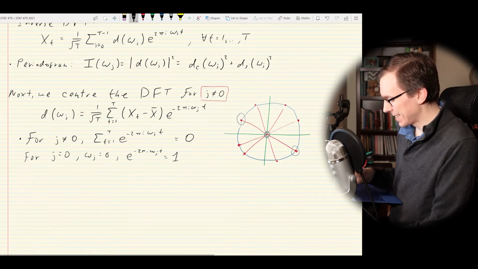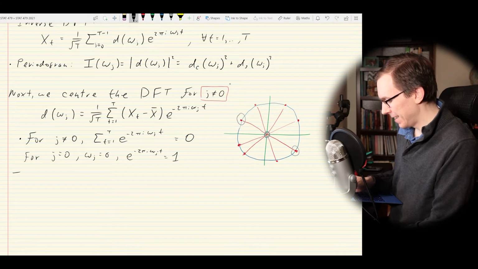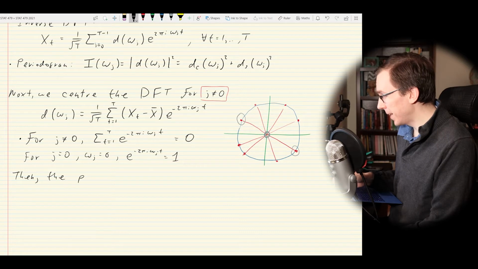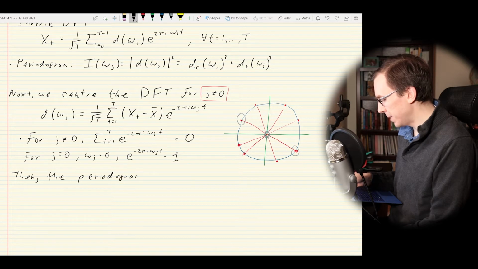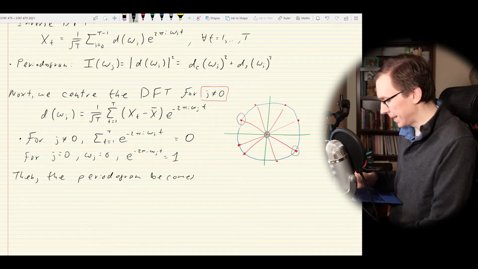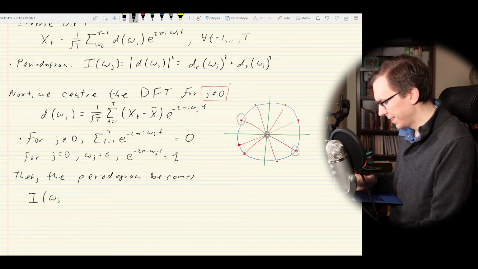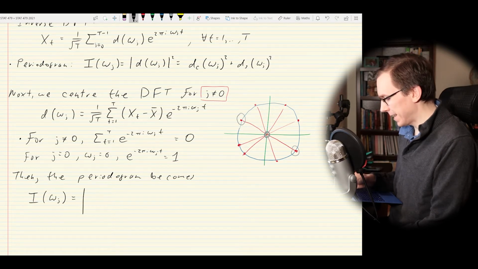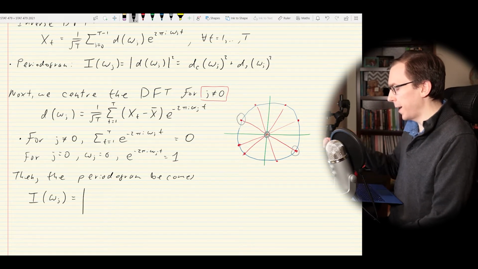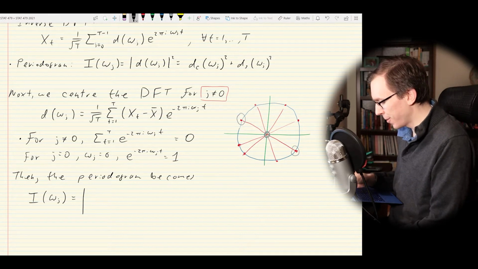Basically, the point is that then the periodogram becomes, what? Well, it becomes I of omega j, and that is going to equal, in this case, again, the squared modulus of the discrete Fourier transform.